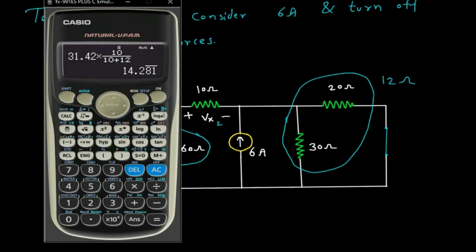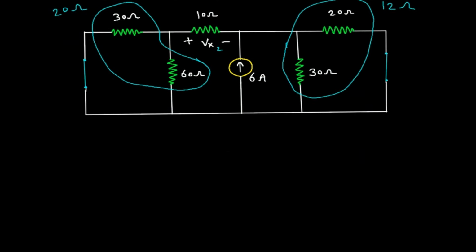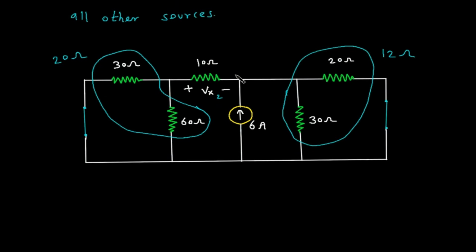So this will be 30 into 60 by 30 plus 60. So it is 20 ohm. Now this 12 ohm is in parallel with this 10 plus 20, which is 30 ohm.